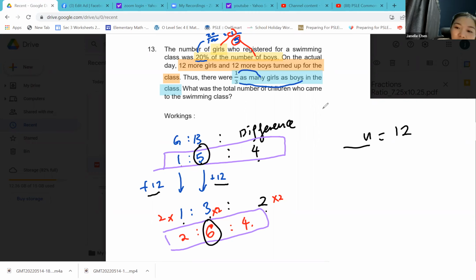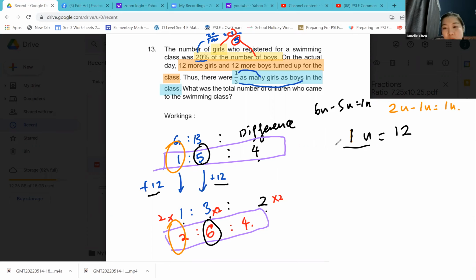The change is 6 units minus 5 units, which is 1 unit. Or if I compare the other side, 2 units minus 1 unit, is still 1 unit difference. So basically the change is just 1 unit. So 1 unit is equal to 12, which means the question is actually pretty easy. I think this is maybe 3 marks.